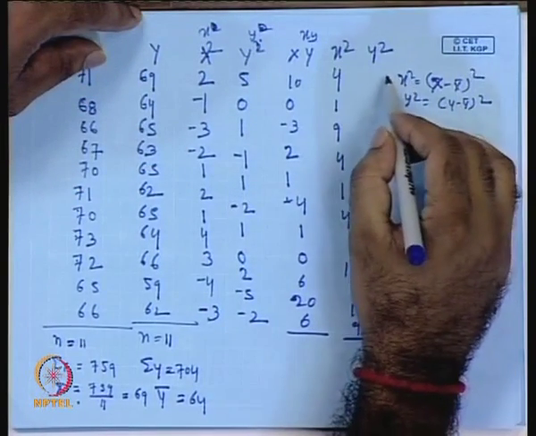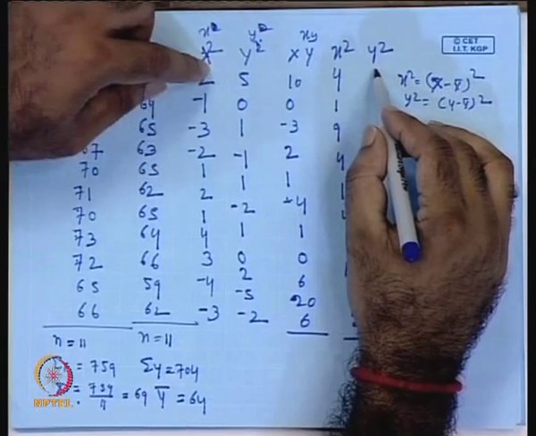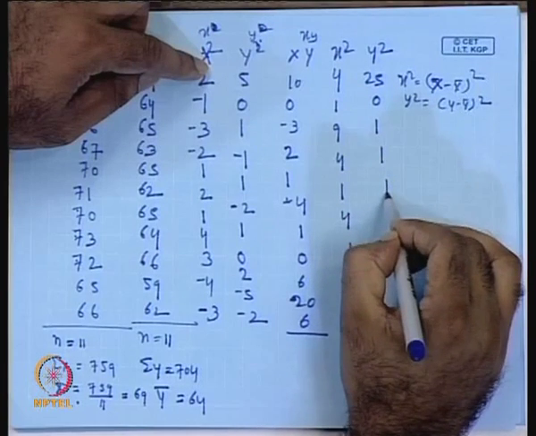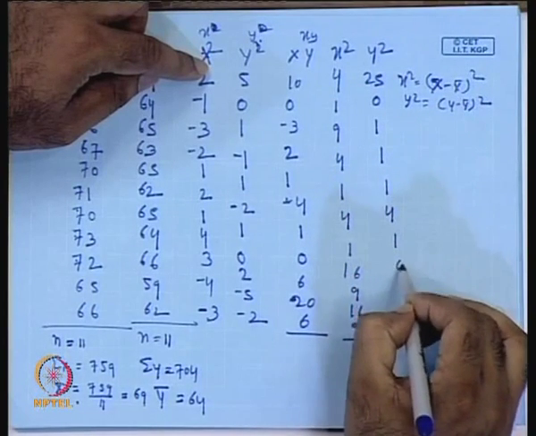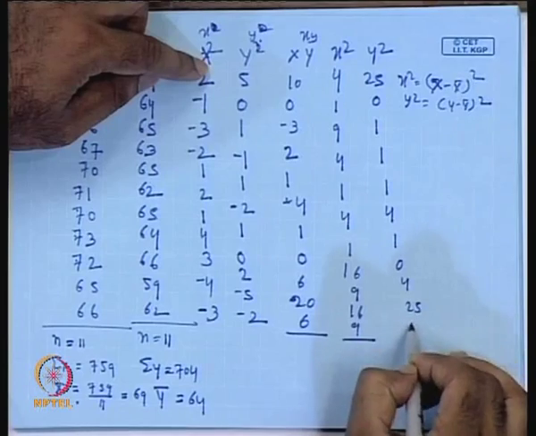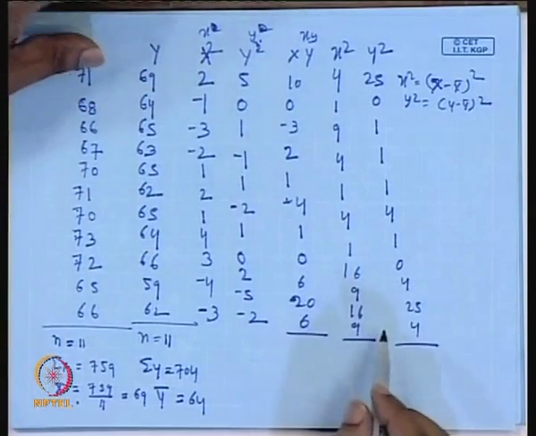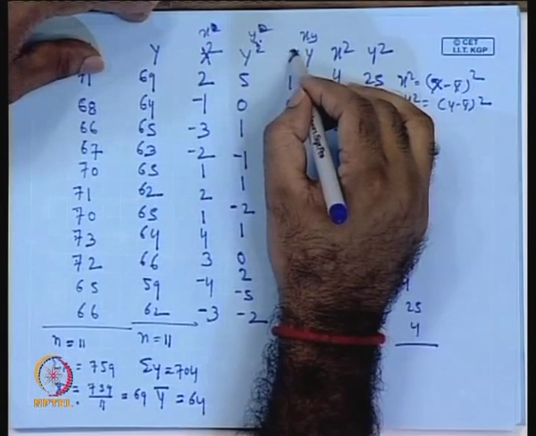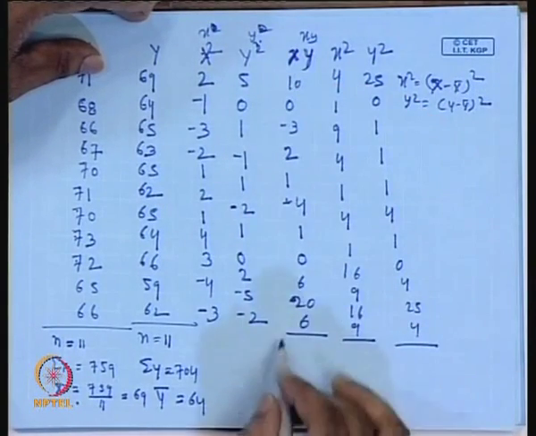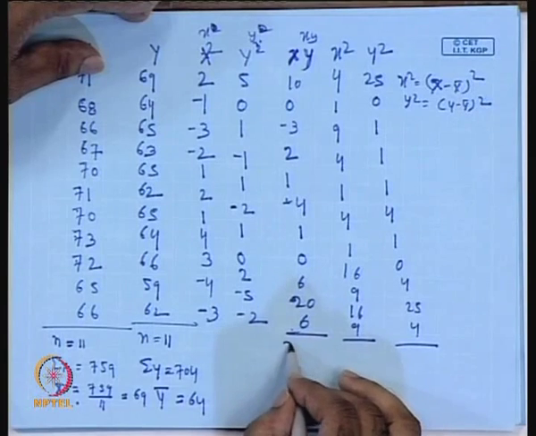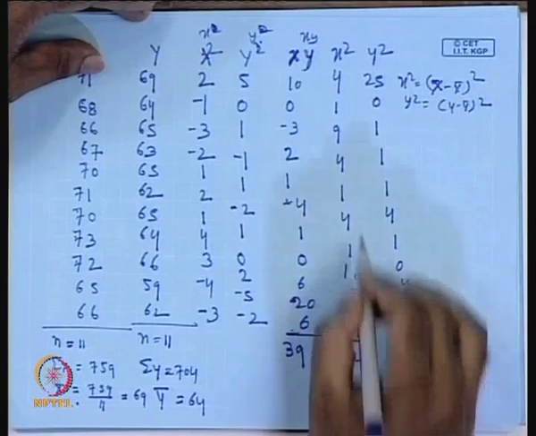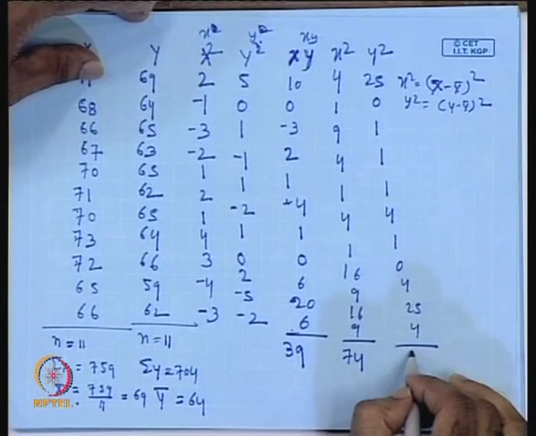Then corresponding y square is 25, 0, 1, 1, 1, 4, 1, 0, 4, 25, 4. So now we have x square, y square and xy, of course in deviation format. Summation xy is 39, summation x square is 74 and summation y square is 66.